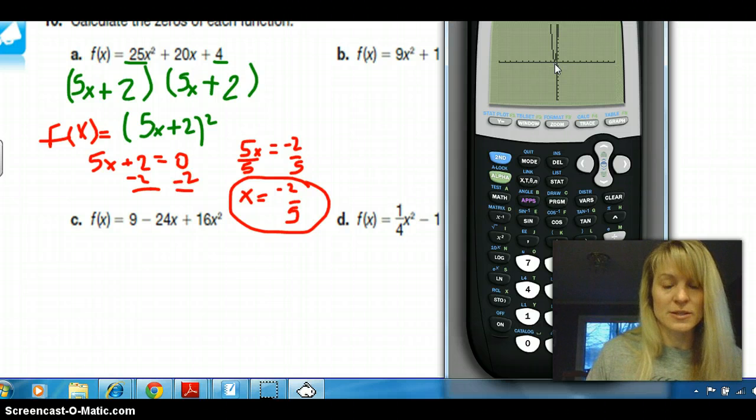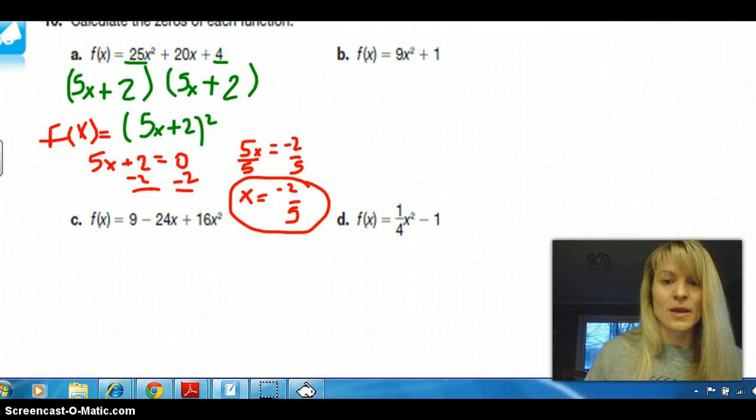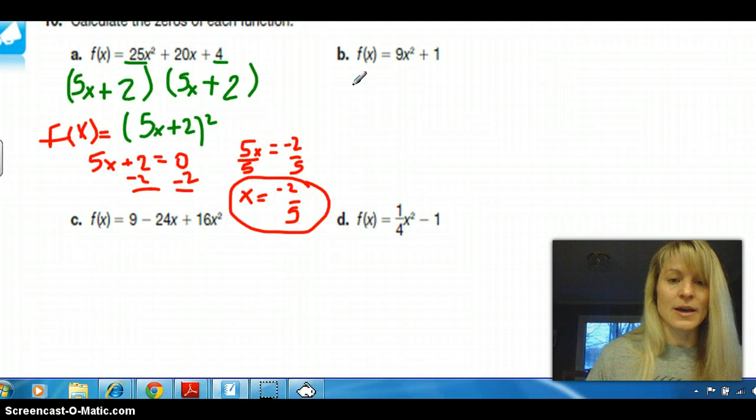It just barely touches here at the minimum. And so that's why it only has one root, because it's just touching in one place right here. All right, so if we look at this, I want you to finish B, C, and D on your own. Be careful. Look at this one and compare it to the one up top we just did. That one's a funny one.